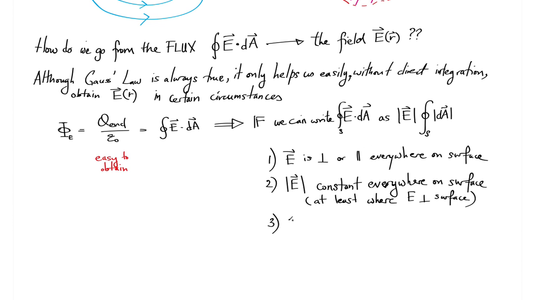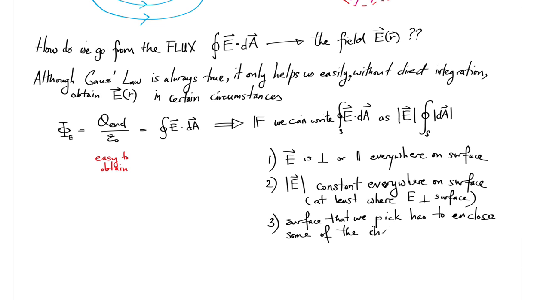And 3, the surface that we pick has to enclose some part of the charge distribution, right? That sounds kind of obvious.